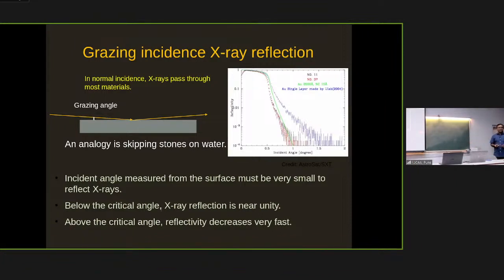X-rays can be reflected only if they are incident on the material or optics through a grazing angle. The grazing angle is the angle between the incident X-rays and the surface of your mirror. Only if this angle is very, very small can you reflect X-rays. The principle is essentially total external reflection. I'm sure you have studied total internal reflection, where the reflection is internal to the medium. Here the reflection is external to the medium.